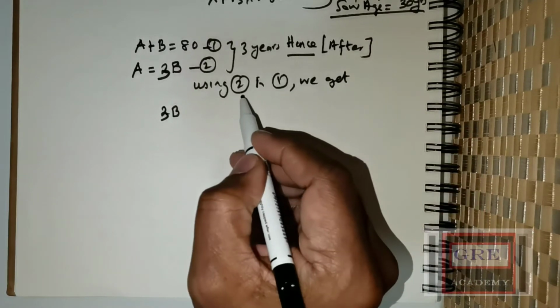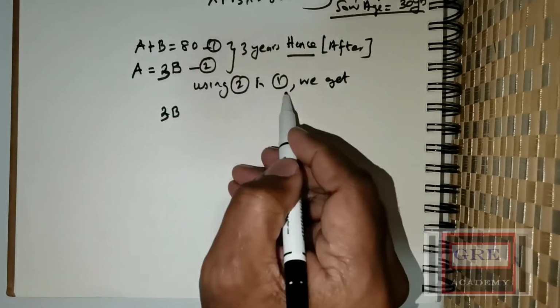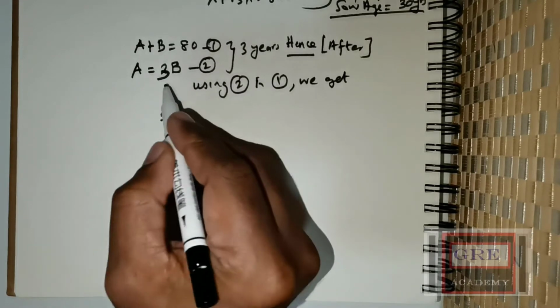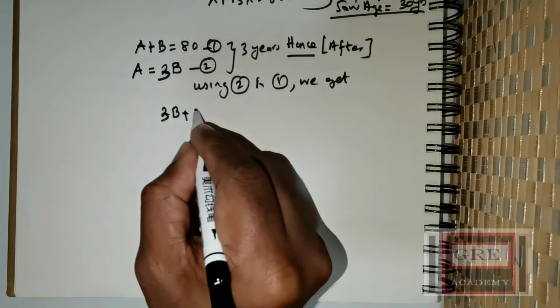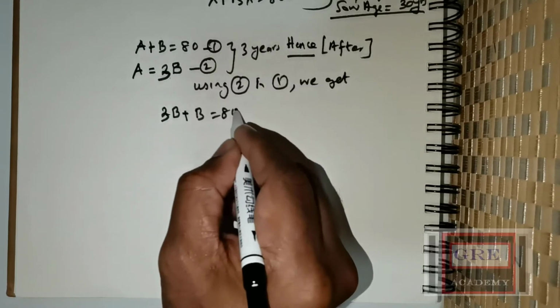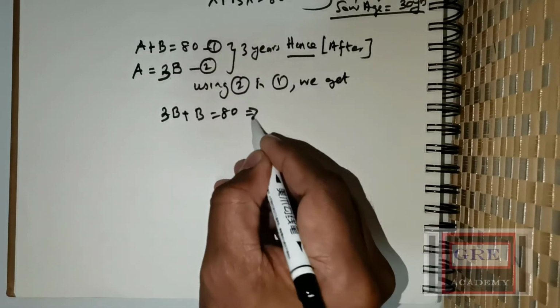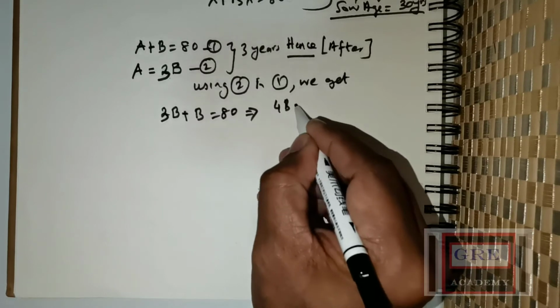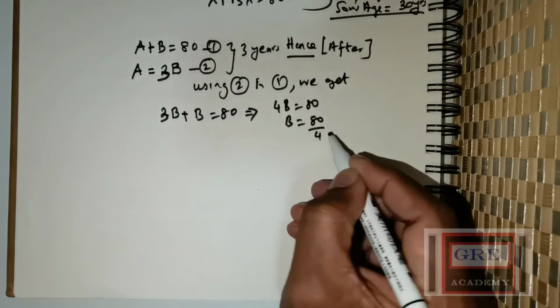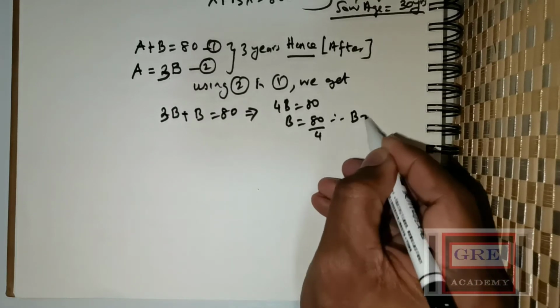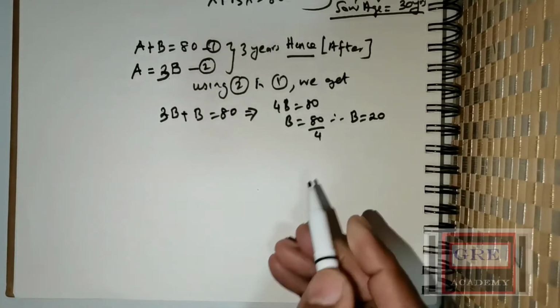Now we would be using equation 2 in 1. So that would mean I need to substitute in place of A, 3B. So that would give me 3B added with B is equal to 80. So from here I would get 4B is equal to 80. So B is equal to 80 divided by 4. Therefore the value of B is 20.